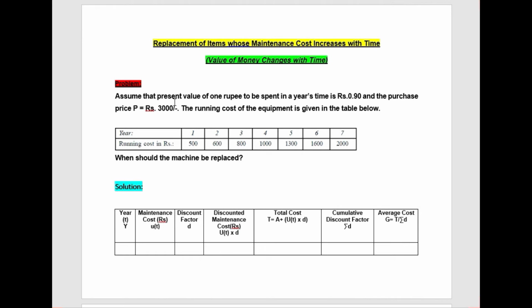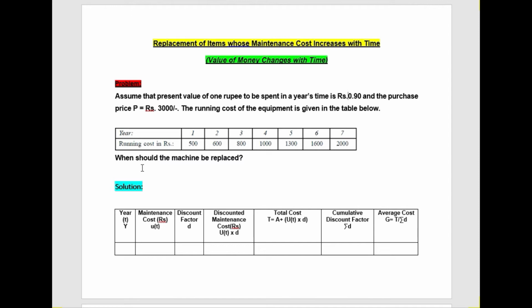So this is the discount factor, and the purchase price, the capital amount for purchasing the equipment, is rupees 3,000, and the running cost is the maintenance cost in each year. We can see that the running cost is increasing with respect to time, and also the invested amount is decreasing by the discount factor 0.9 every year.